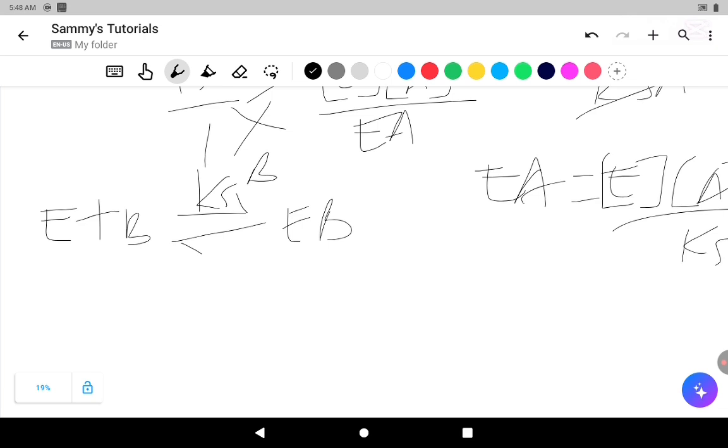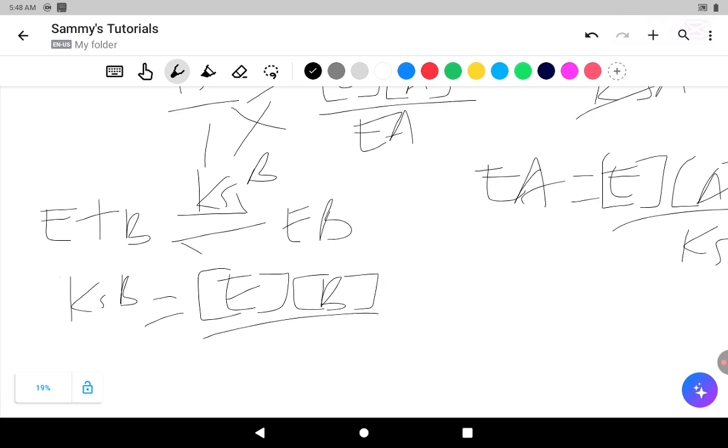The same mechanism applies. You have KSB equals to what? Equals to E, the inverse, don't forget, B, all over EB. You're following, right? Good. Now the same thing you did, cross multiply.